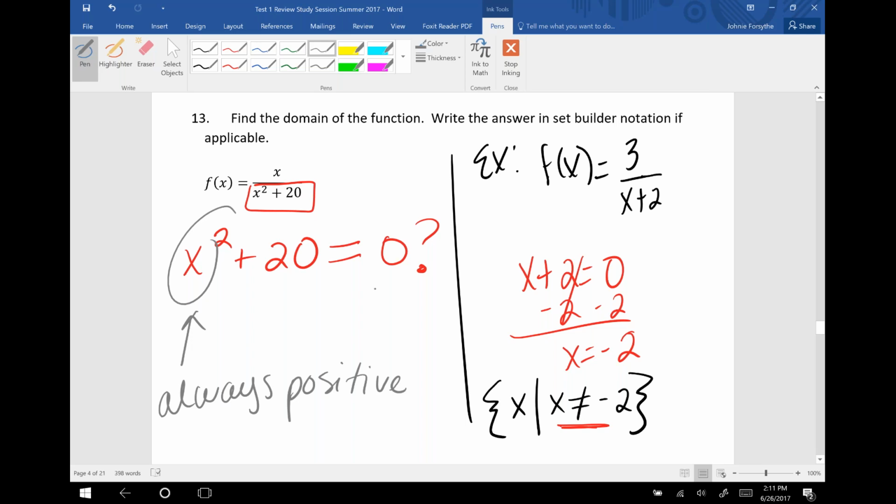That's the only way that I could add something to 20 and get 0. This in gray can never be negative 20 because it's always positive. So for this case, the bottom would never be 0, so your domain is actually all real numbers, okay? So this is all real numbers as well.